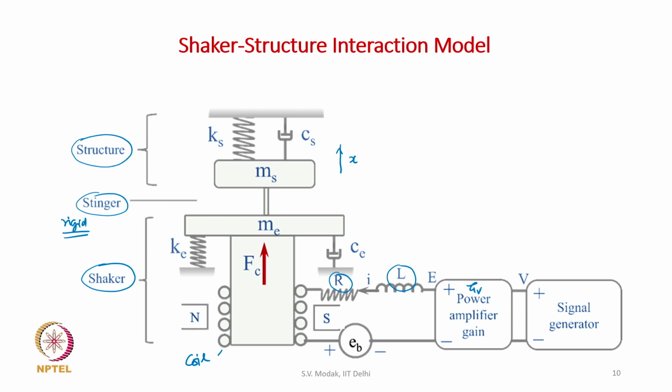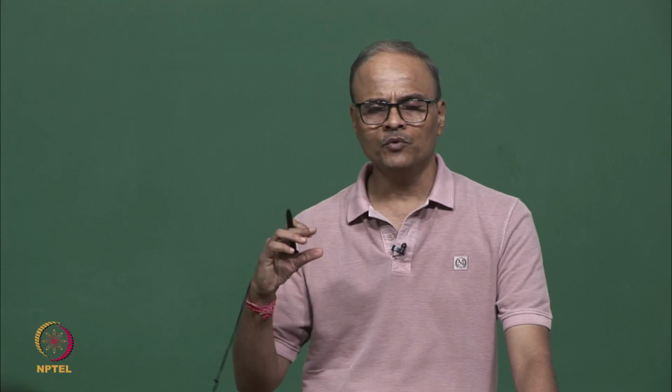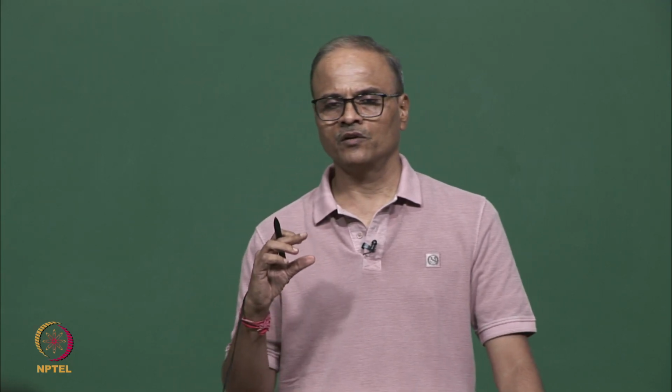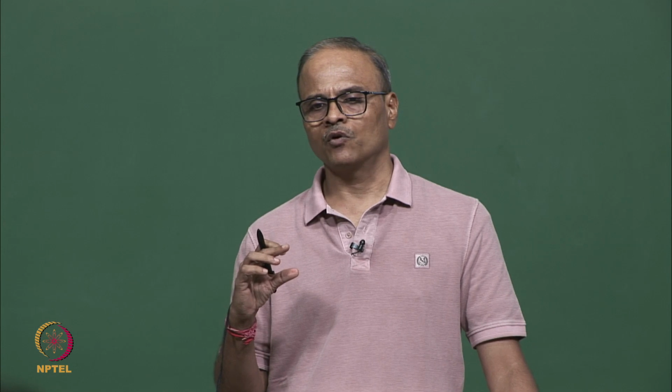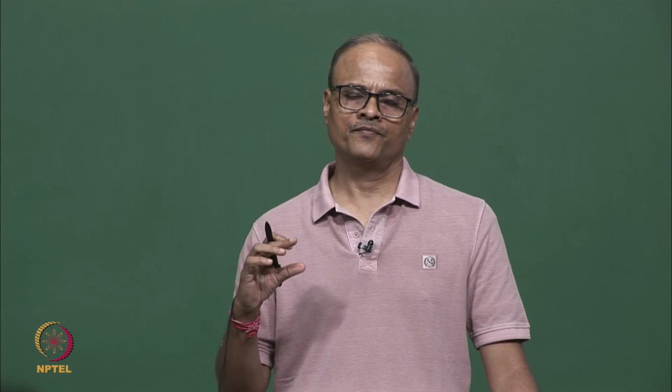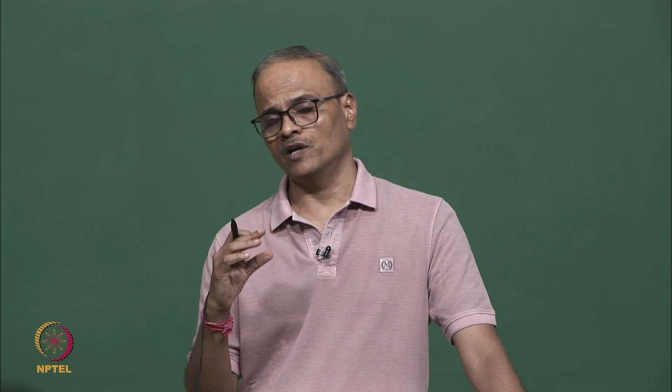Now, we also see that this coil carries current and it is placed in the magnetic field. So, what happens when the coil moves under the action of the force acting on the coil? The coil cuts the magnetic lines of force, and therefore the magnetic field linked to the coil changes with time.